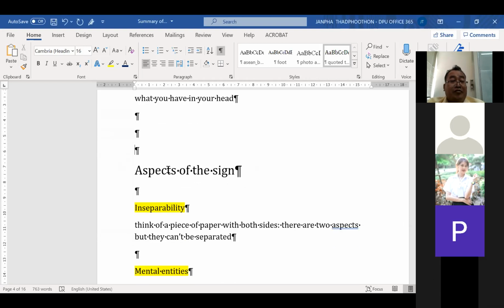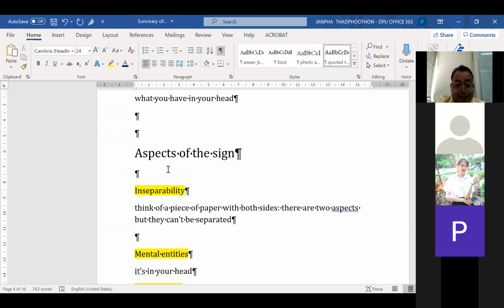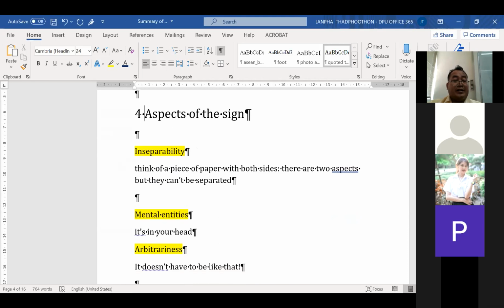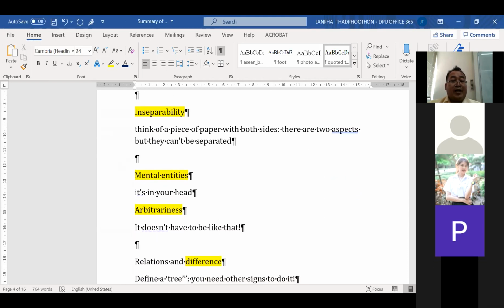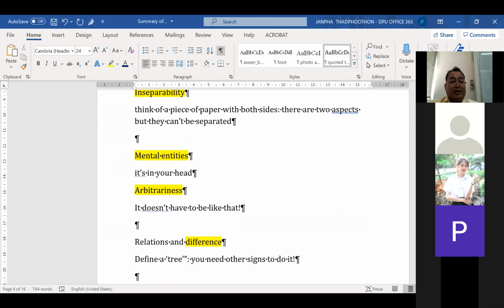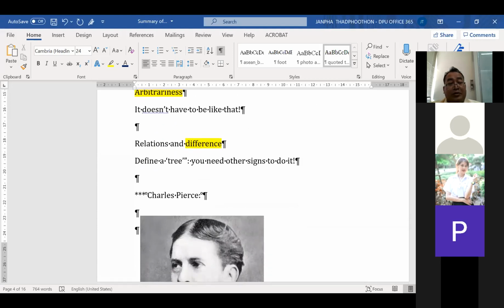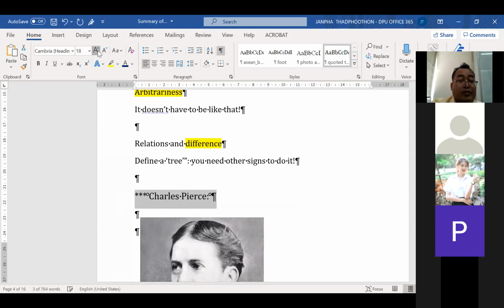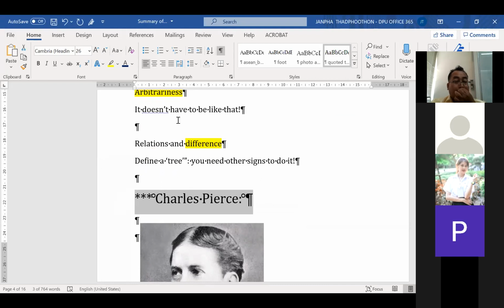Now, there are actually four aspects of the sign. You still remember? The first aspect is inseparability, then mental entity, arbitrariness, and difference. I would like you to look into the concepts again, to review them.